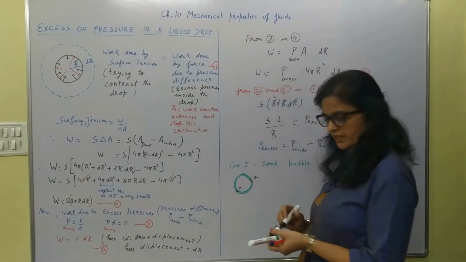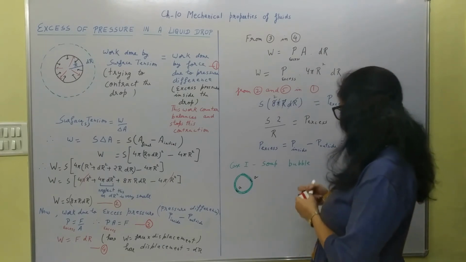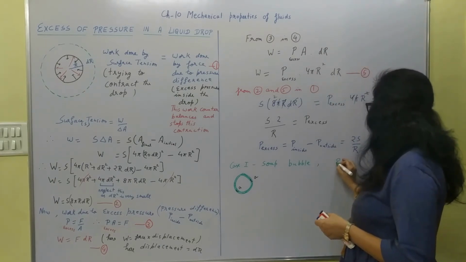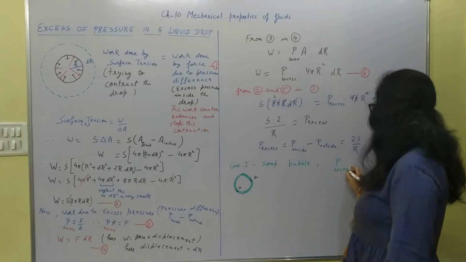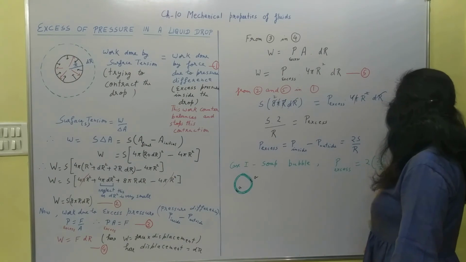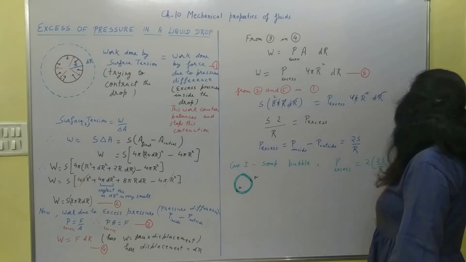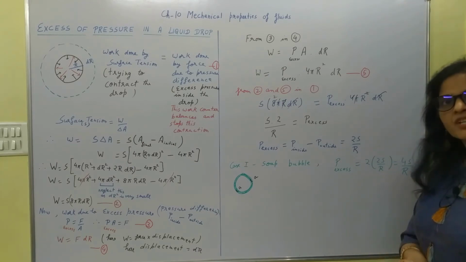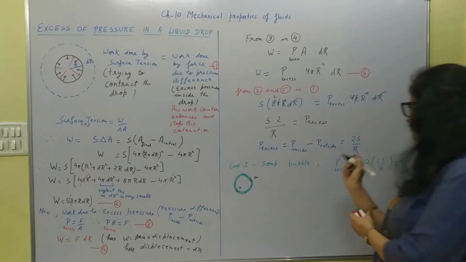So how many liquid-air interfaces are there? Two interfaces. So the excess pressure is equal to 2 times 2S upon R, that means 4S upon R, as it has two liquid-air interfaces.